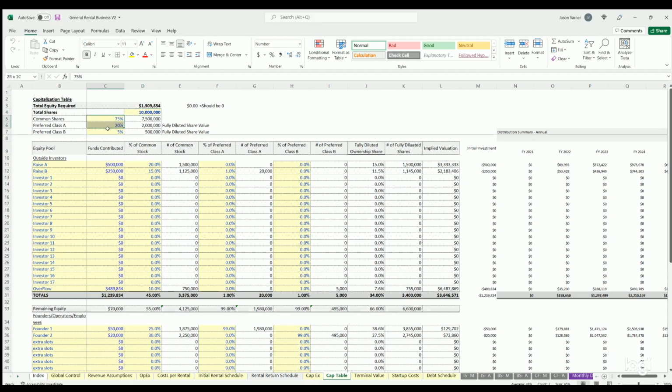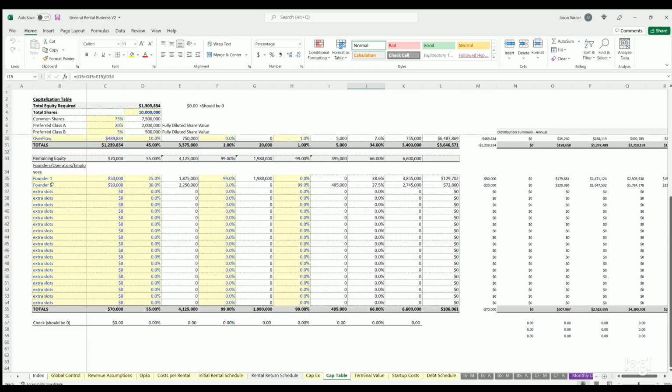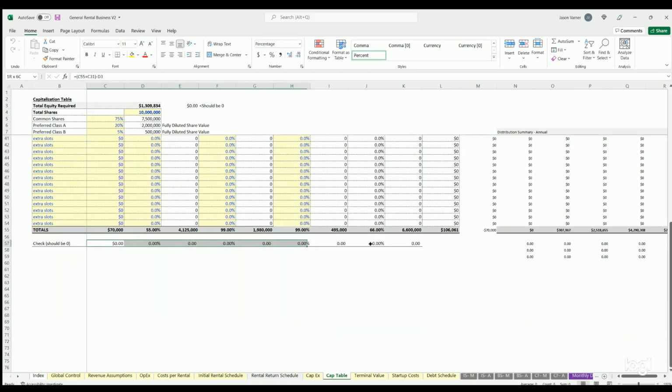Total shares, share types, amount invested per up to 20 outside investors and their share of each stock type, and fully diluted ownership value. Same with the owner side, their investment and their percentage. There's checks down here. These all should always be zero. Otherwise, you've allocated less than or greater than 100% of what's available.